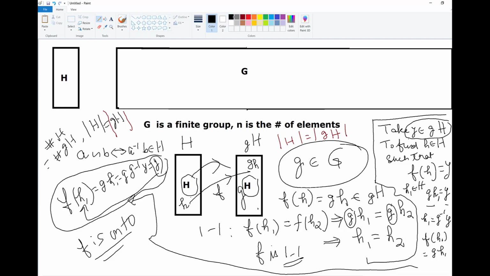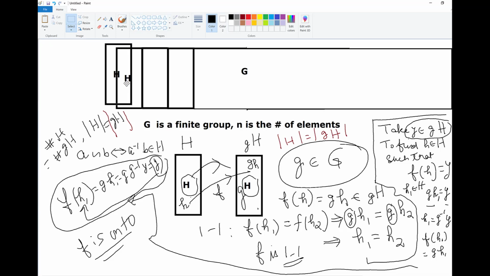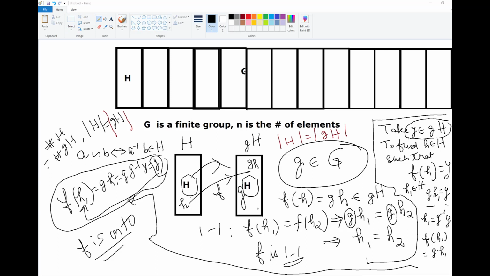Okay, and as I said, we knew that already, that we can cover the entire set by subsets that are equal in size to H. And now I'm not writing H in the other ones, because they are not necessarily equal to H. So repeating it in this manner, what we get is that we shall have the whole group G covered by these left cosets.